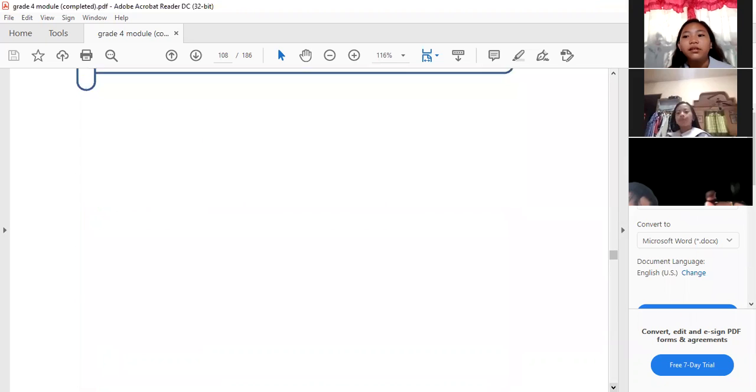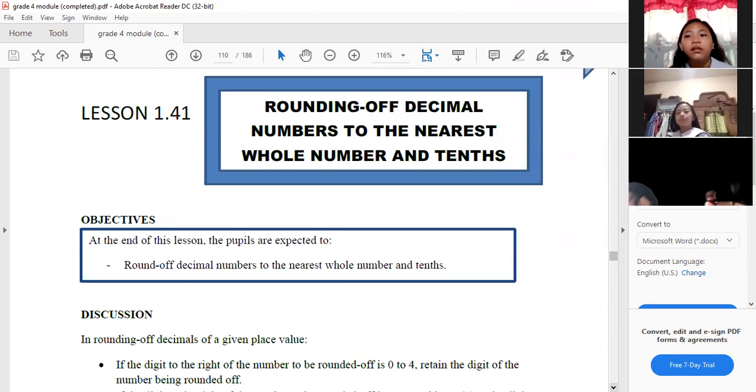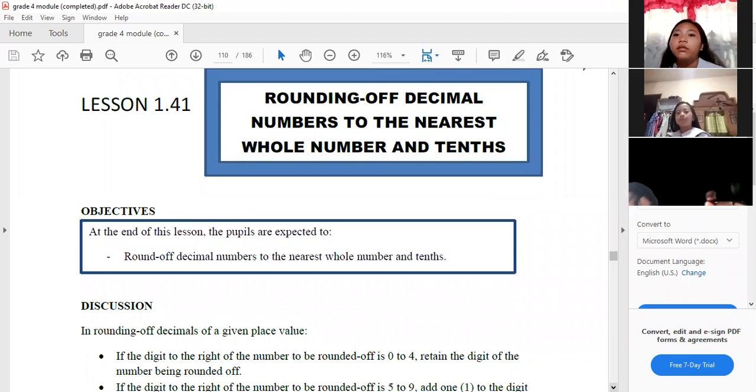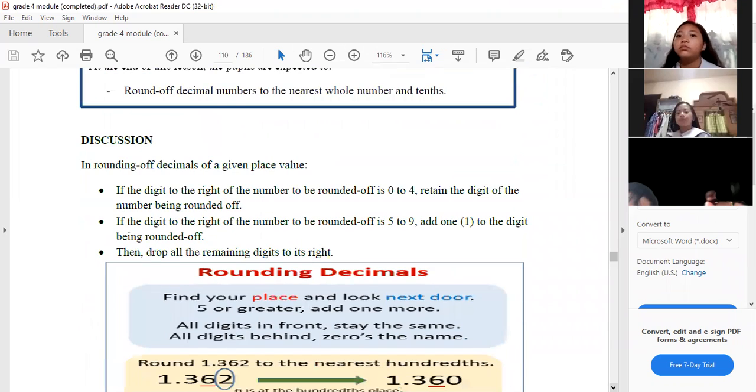Okay, so let's go now to rounding of decimal numbers to the nearest whole number and tenths. In rounding decimals, you need to find your place and look next door.